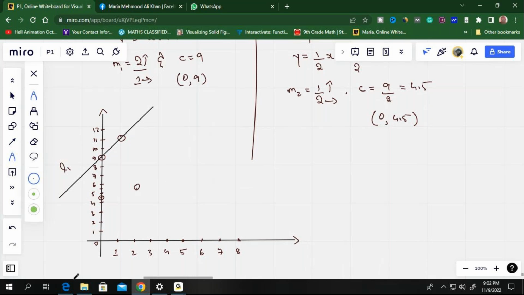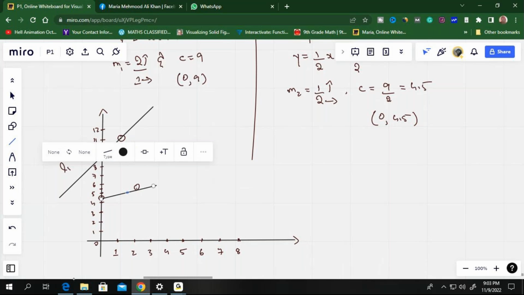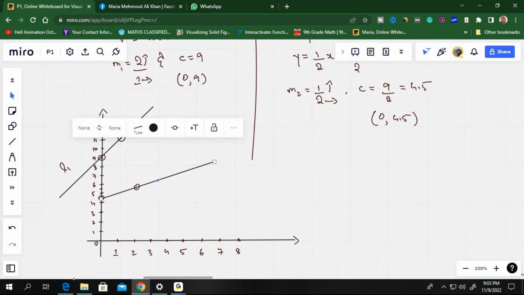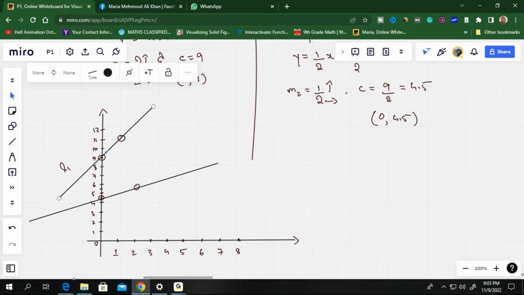I'm going to join these 2 points. I have to intersect these 2 lines, so on that basis I will extend them as long as they get intersected like this.